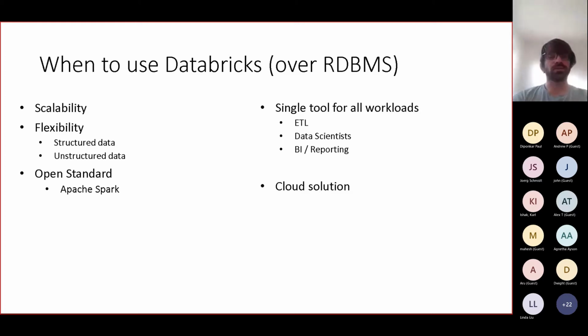Also, you can use Databricks and Spark if you want to use an open standard and avoid vendor lock-in, especially for bigger companies. That's often a good reason to go for Databricks and Spark. They have no dependency on one vendor, but can easily move from, let's say, AWS to Azure.